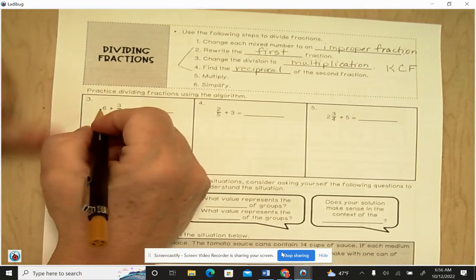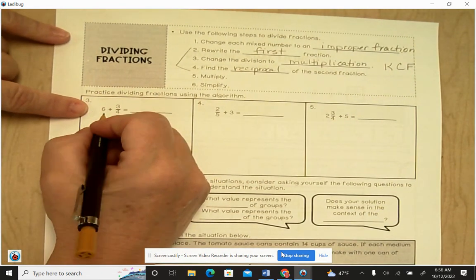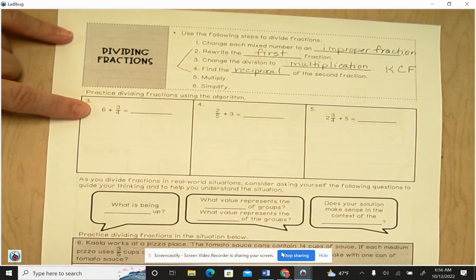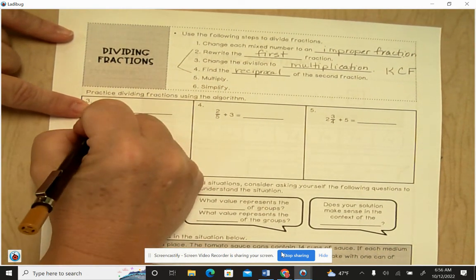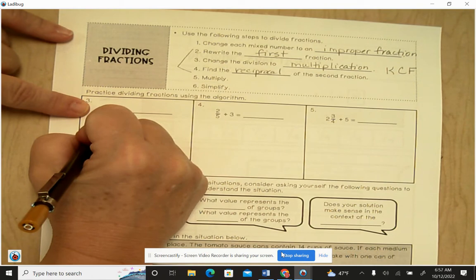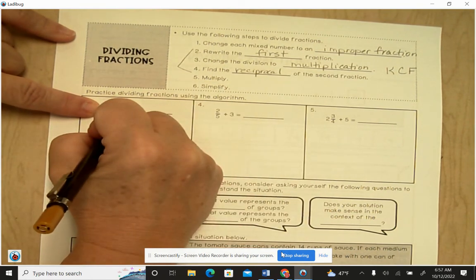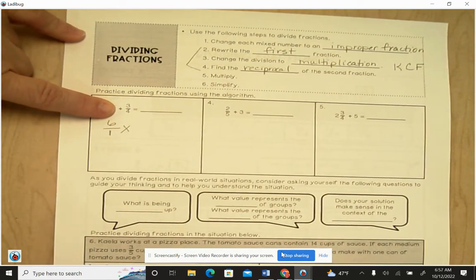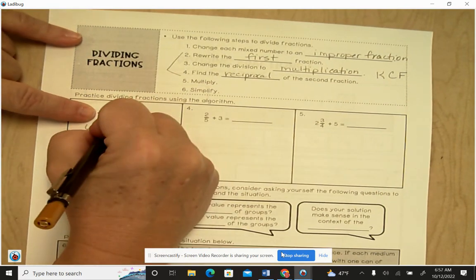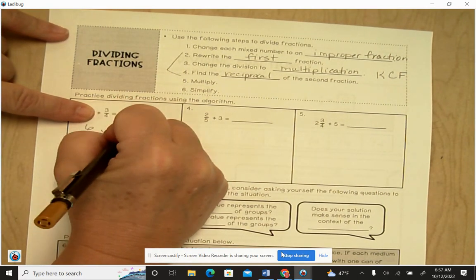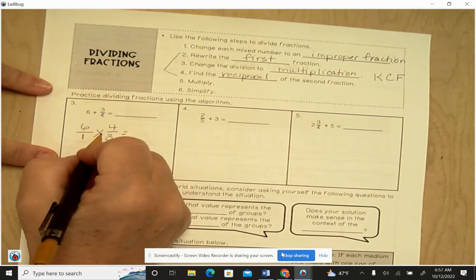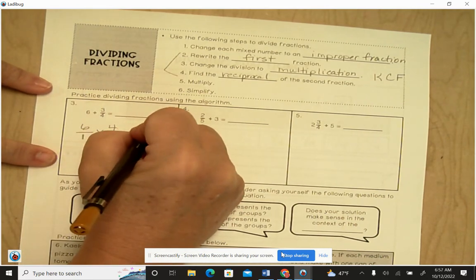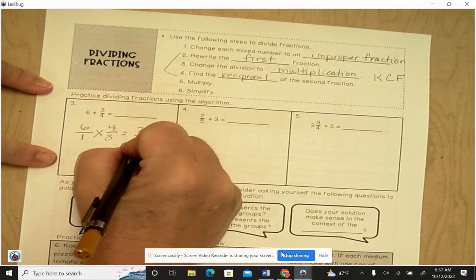You're finding the inverse of it, and this is the reciprocal. So if we take this one, remember we said on the front of the page, you put whole numbers over 1, change the division to multiplication, and find the reciprocal of 3/4, which is 4/3. 6 times 4 is 24, and 1 times 3 is 3.